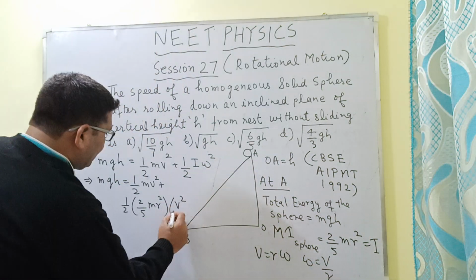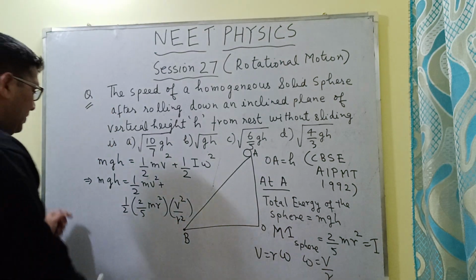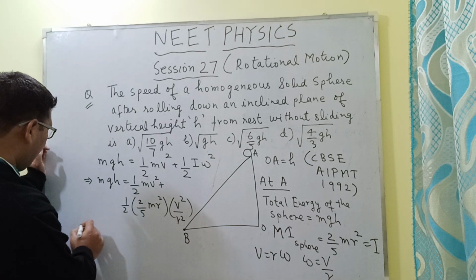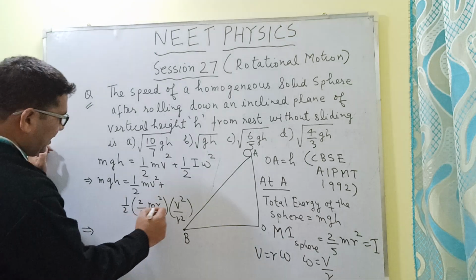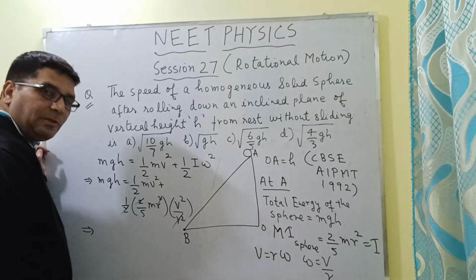Here you can see that 2 and 2 will cancel out, and r square and r square will also get cancelled out.